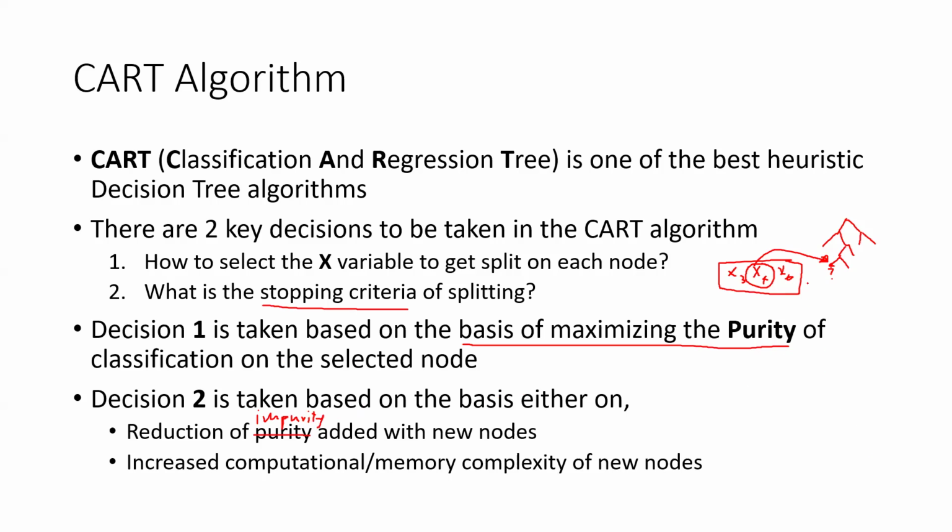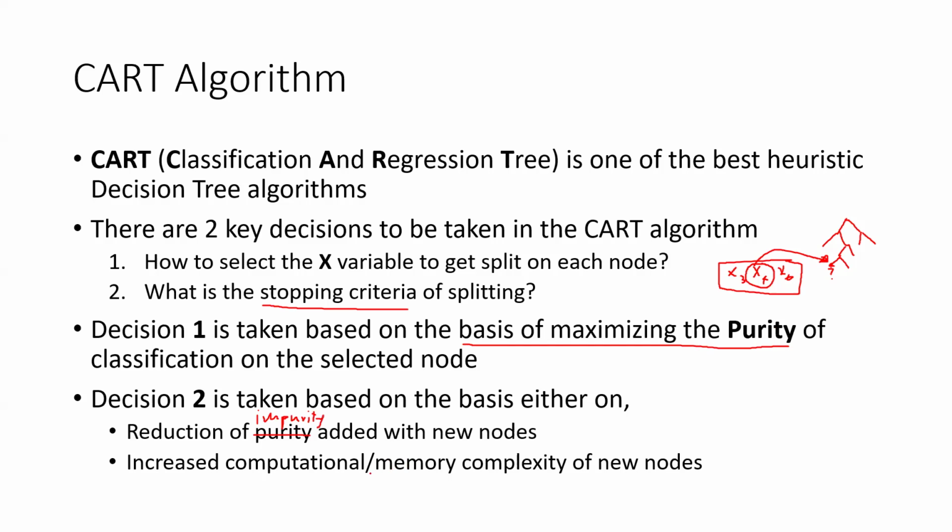So sometimes if it adds only a very small amount of purity, or reduces only a little bit of impurity, it may not be worth adding this particular new variable into the tree. So you may better stop adding new nodes and finalize your decision tree, right? If it is adding a huge amount of purity, then it may be worth adding the new variable into the tree, right?